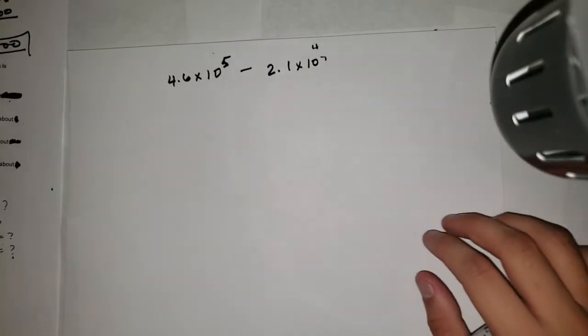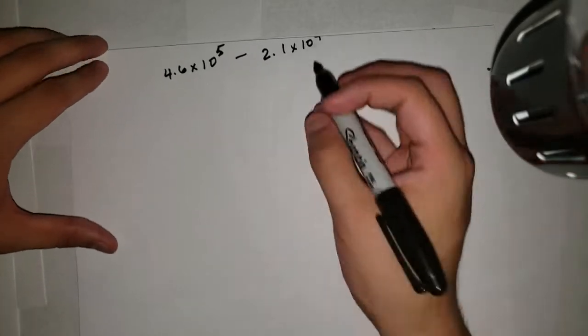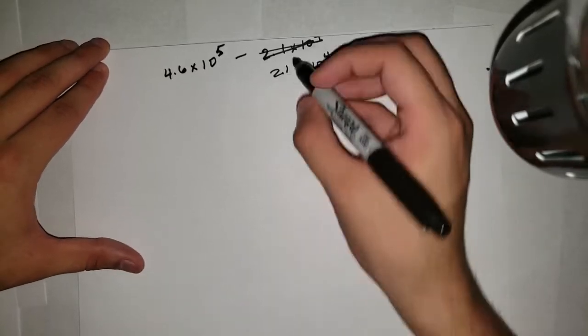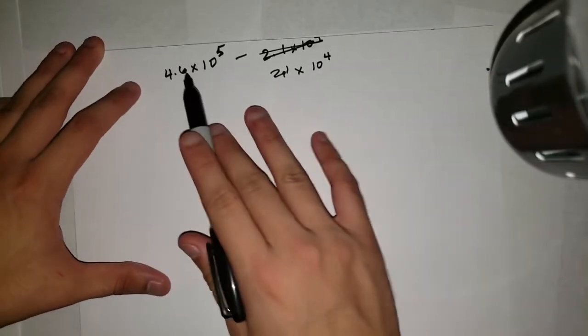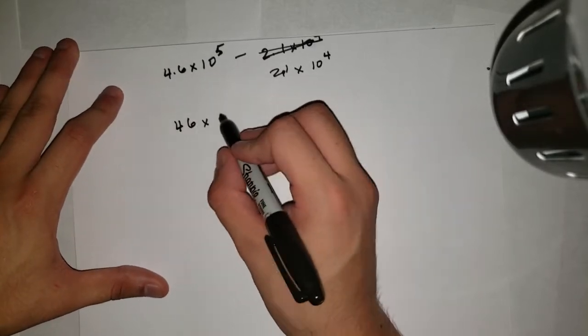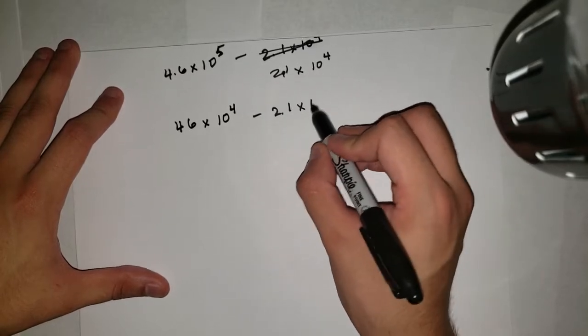I'm going to do this the shortcut way that I like to do it, which means I like to jump real quick. So I'm going to get 46 times 10 to the 4th minus 2.1 times 10 to the 4th.